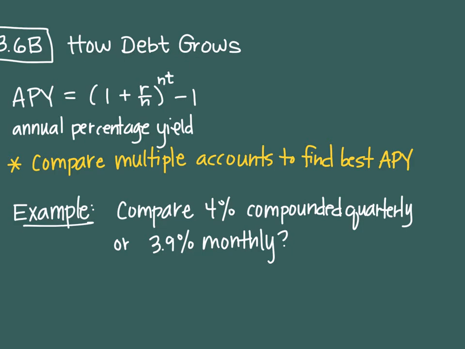So you're going to do the first APY. And the APY would be 1 plus the percentage rate of 4%, 0.04. And because it's quarterly, we'll divide that by 4. And we're going to do it to the 4 times 1. You always do it for 1 year because it's annual. Okay, so it's always to the 1 year. And then minus 1 from that. So get your calculator out, type that in, and then tell me what you get.